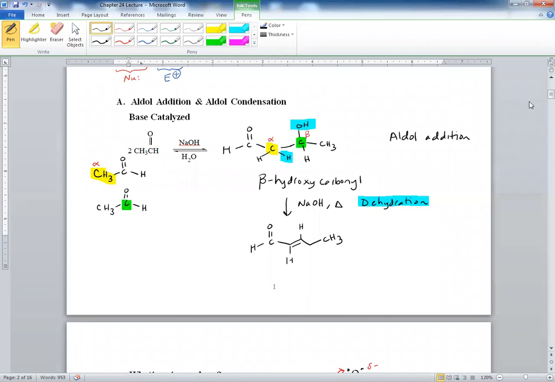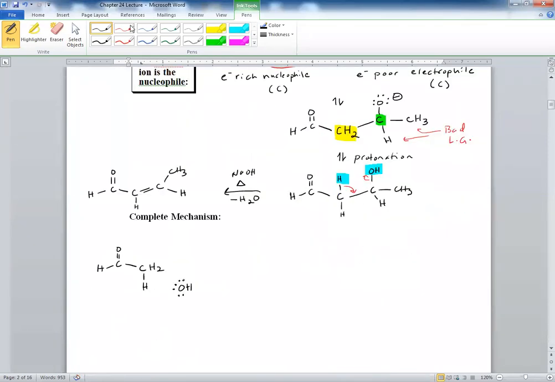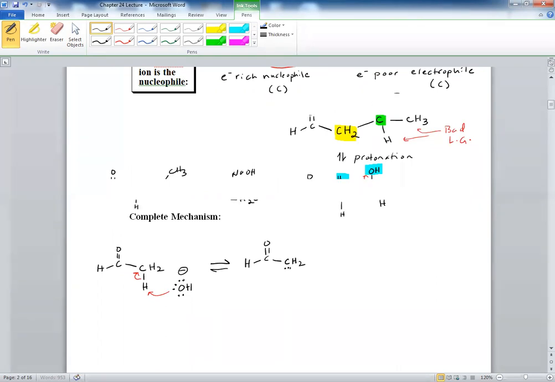It will deprotonate the alpha carbon. So in this case, the negative on this. We formed now our enolate. Remember, this is nothing new. This was discussed in chapter 23.